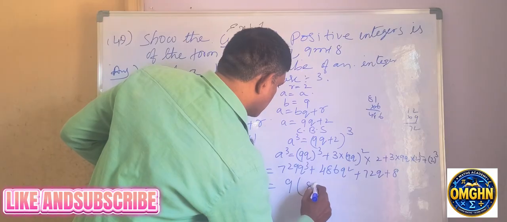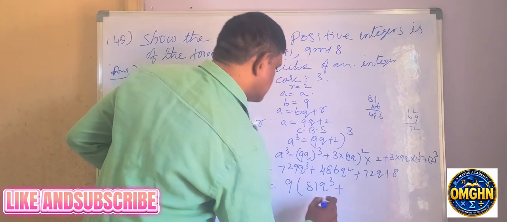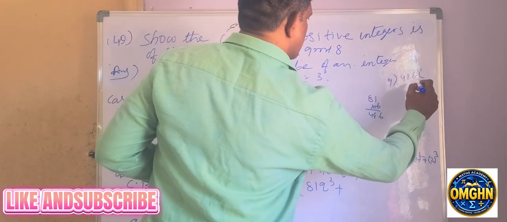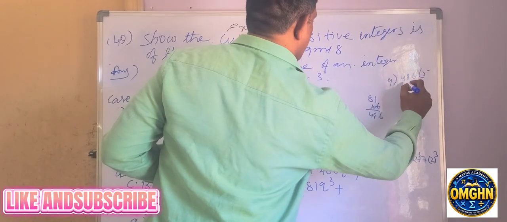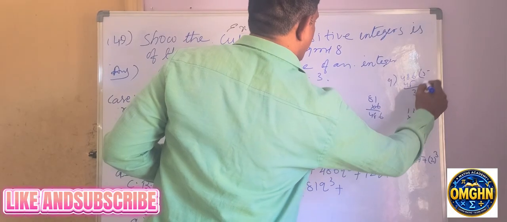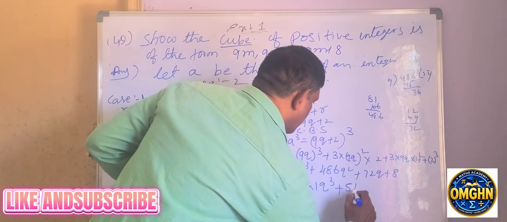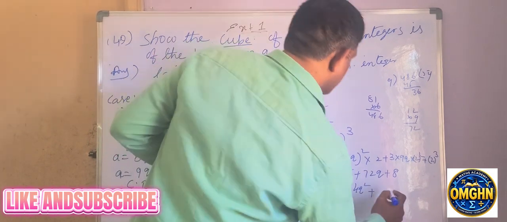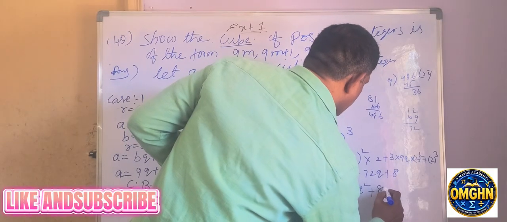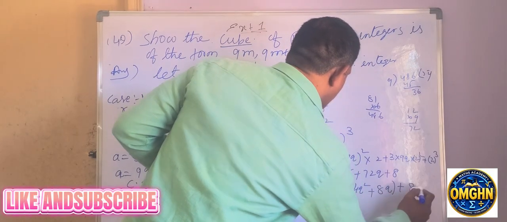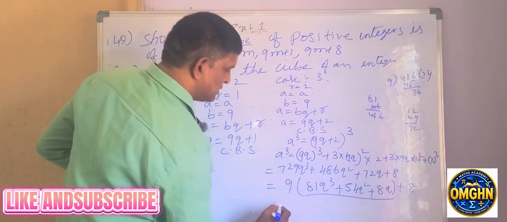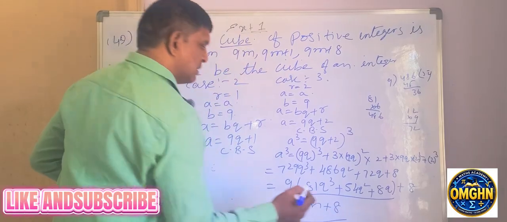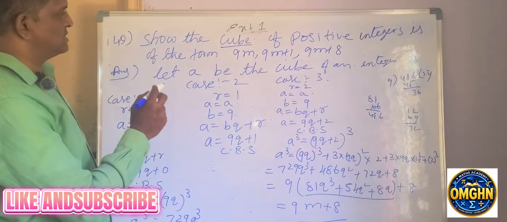When we are taking 9 common, 81 q cube plus 54 q square plus 72 q, and 8 is left. Now we will write this entire thing as 9m. Hence, what is asked, we proved it.